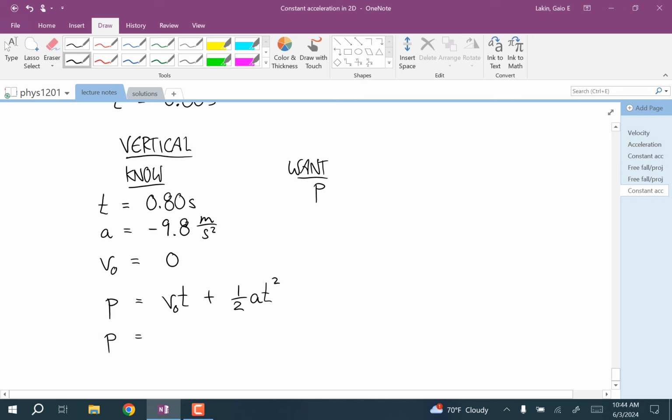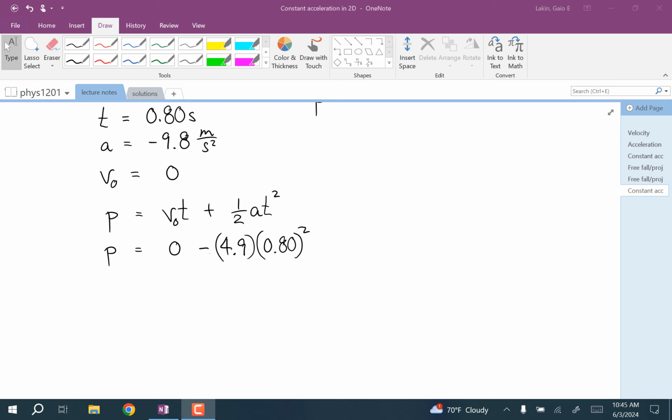So P is equal to 0 plus, plug this stuff in, negative 4.9 times 0.80 squared. And the answer that you get is that P is equal to negative 3.14 meters.